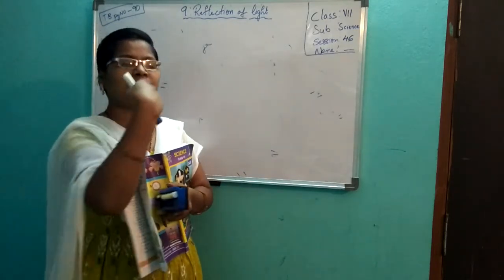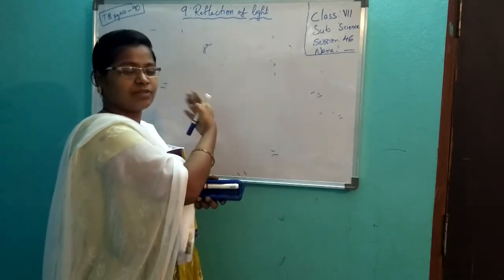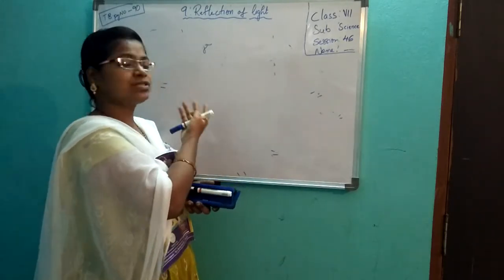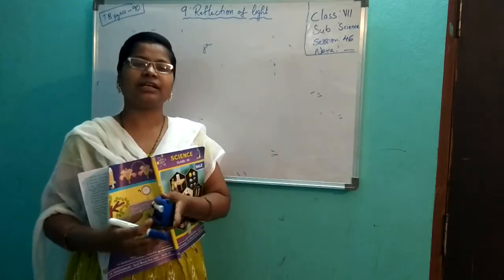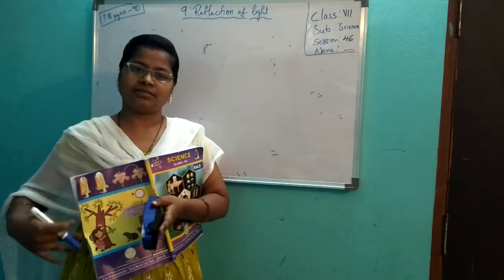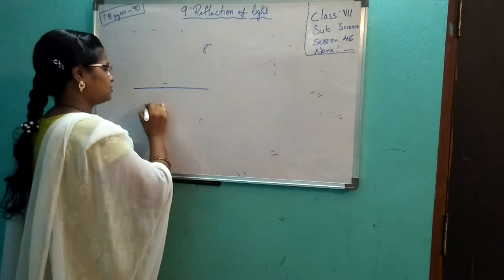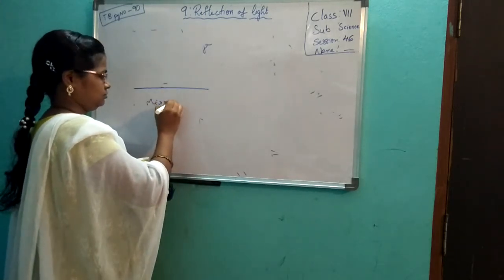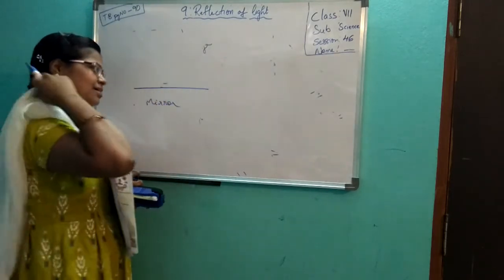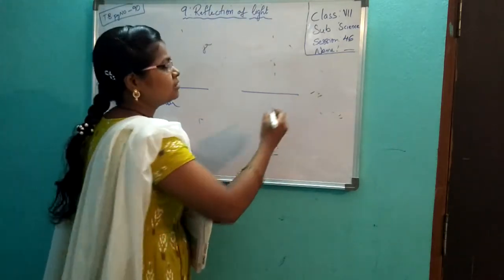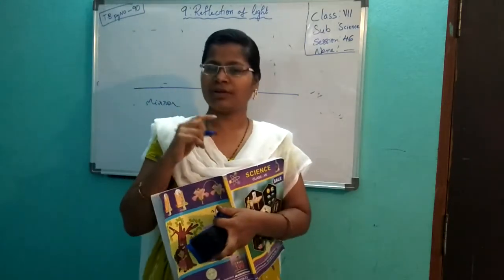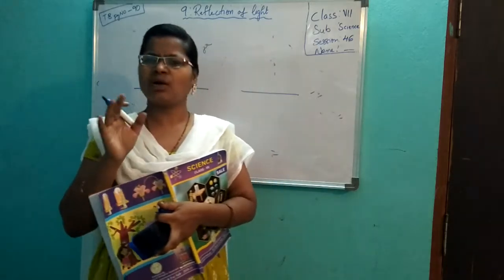Light is falling on me and it is reflected onto this board and I could see, but I am not seeing clearly. Okay, how is this happening? Think this is the mirror. Okay, this is a mirror. Think this is your window glass. In window glass you can see your face but not clearly.